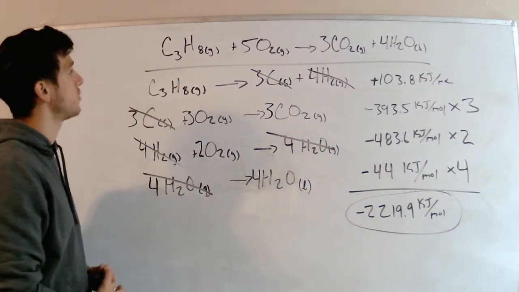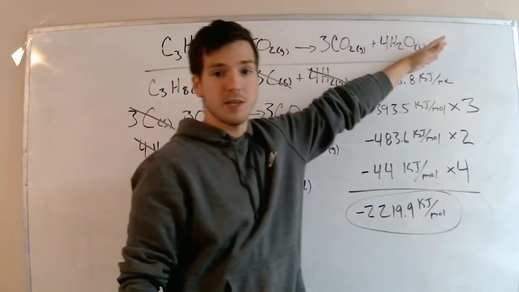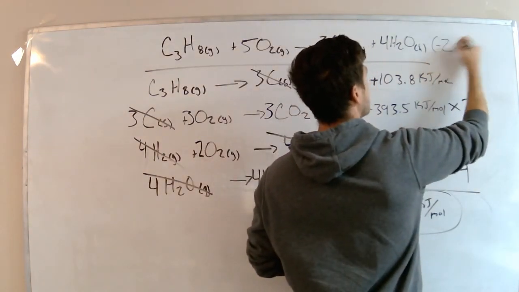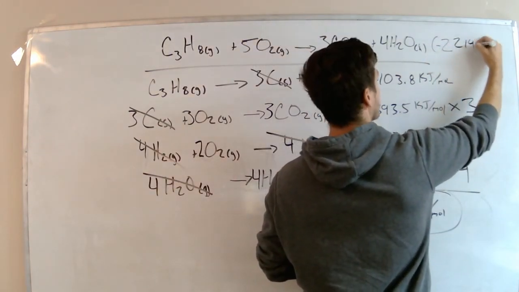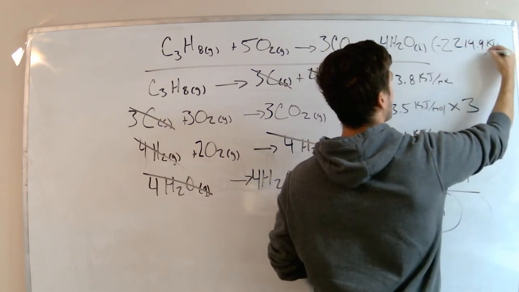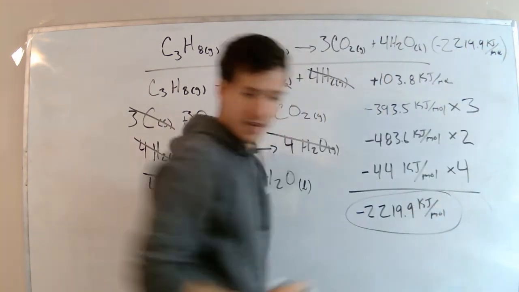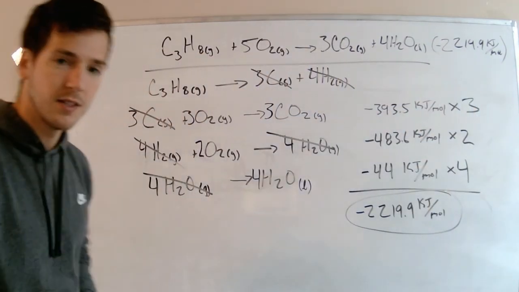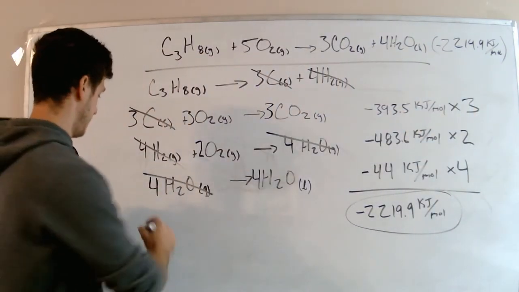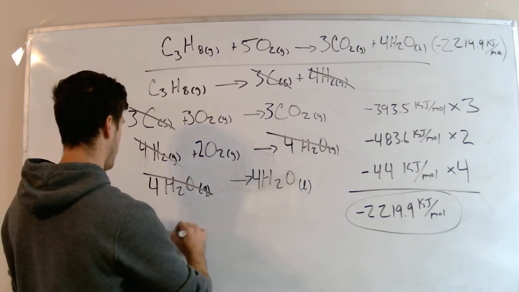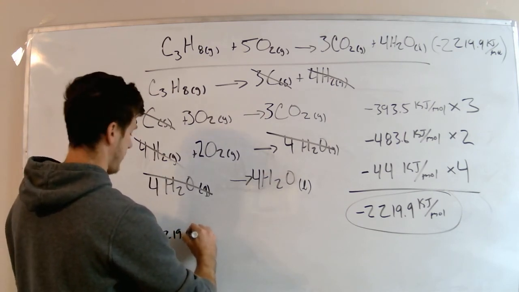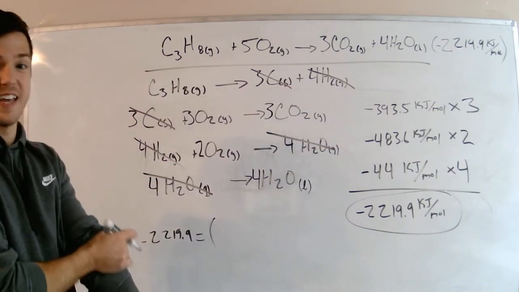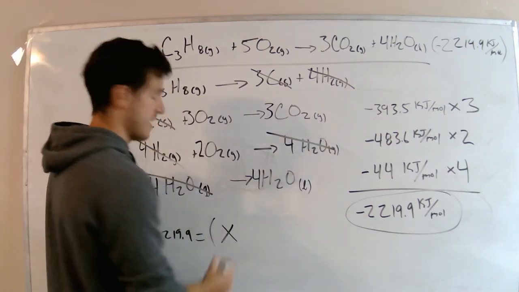There might be a situation where I give you the overall enthalpy, like I might give you negative 2219.9 kilojoules per mole, and I might not give you this guy. Well, you'll just do negative 2219.9 equals all those enthalpies added together, and one of them will be an x.